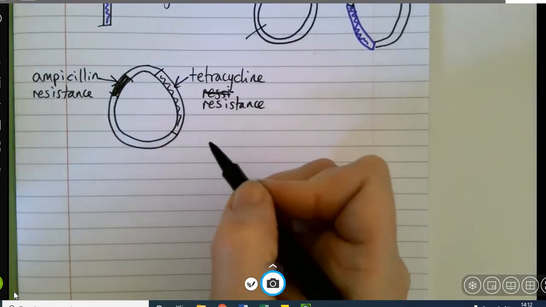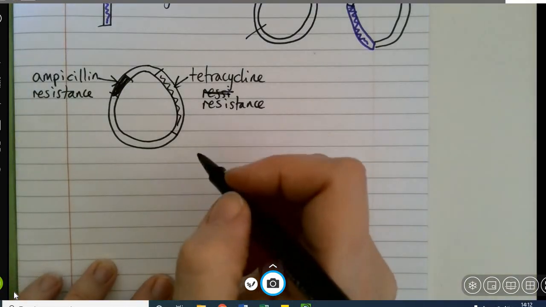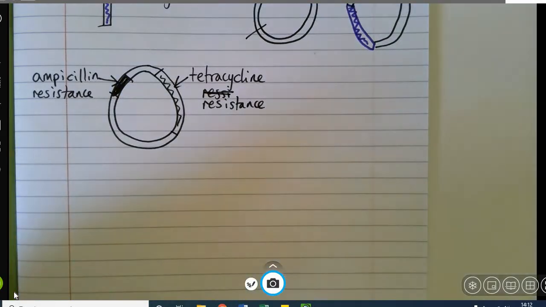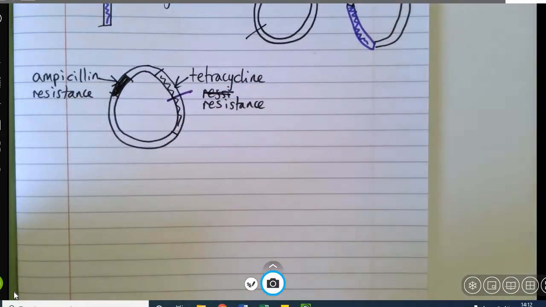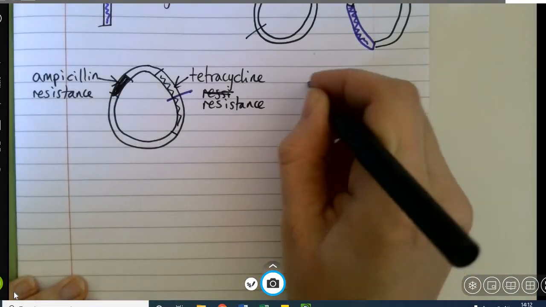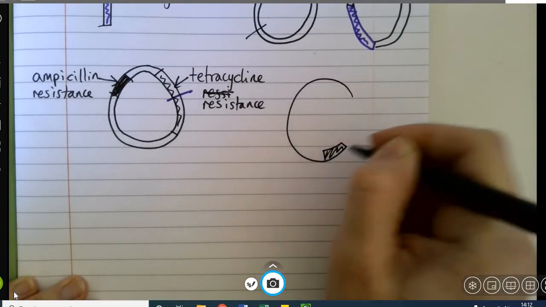antibiotics. Now with the insulin gene, the enzyme that we use to actually cut the plasmid is designed to cut in the middle of this tetracycline resistance gene. So I get a plasmid where that tetracycline resistance gene has been split.